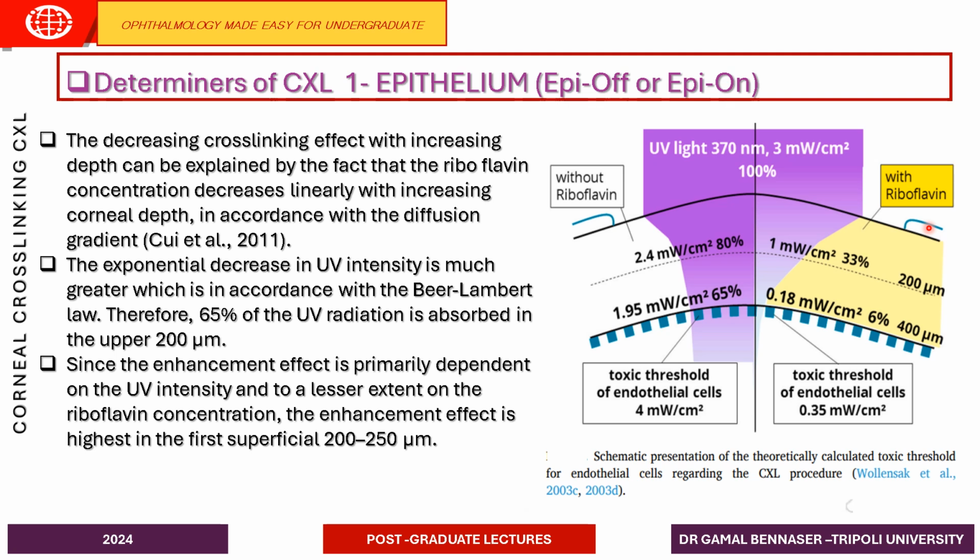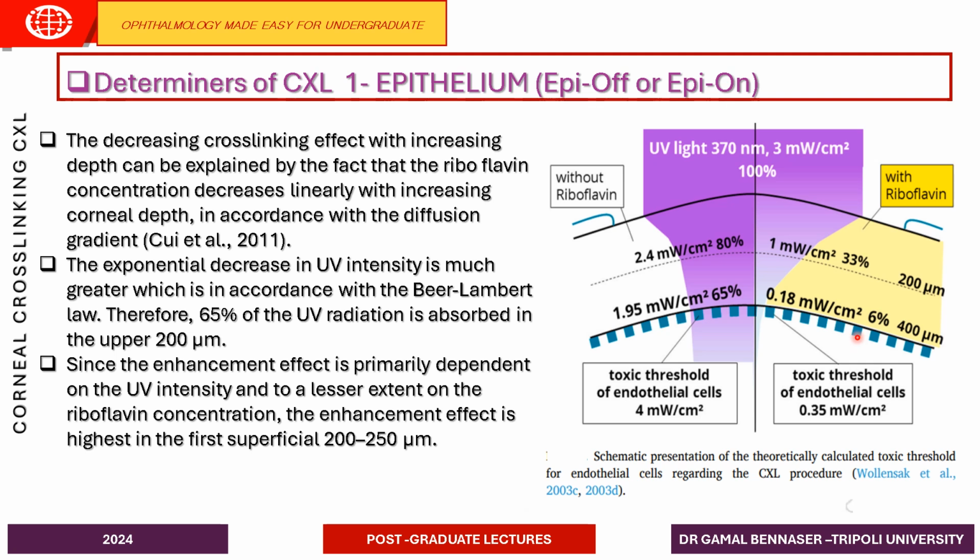And in the presence of riboflavin, at 200 micrometers only 33% will arrive, and at 400 micrometer depth only 0.18 milliwatt will arrive, which means we lost 94% of the ultraviolet irradiance.